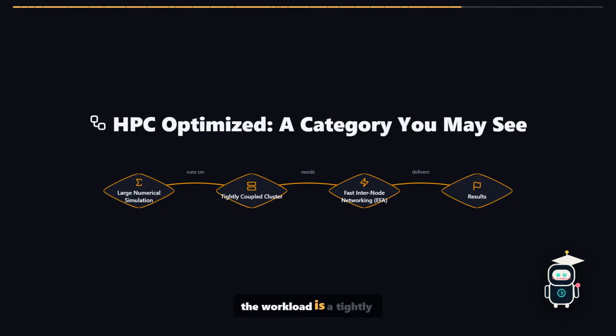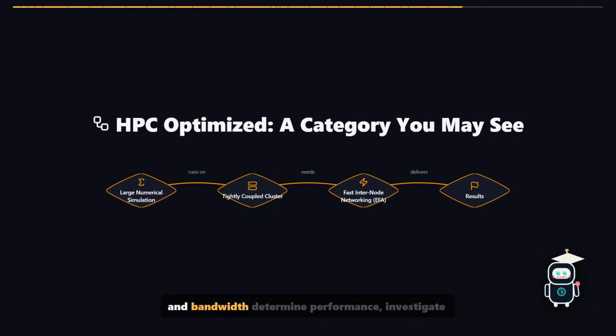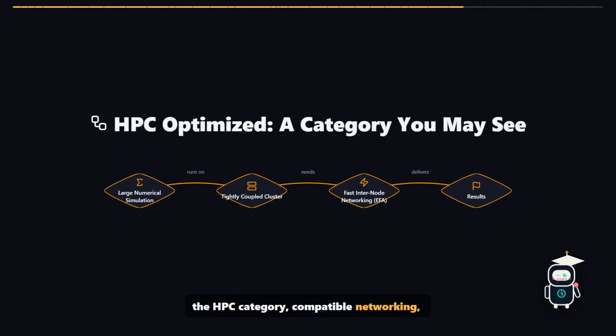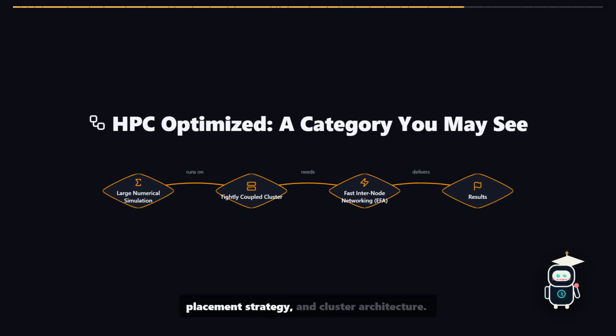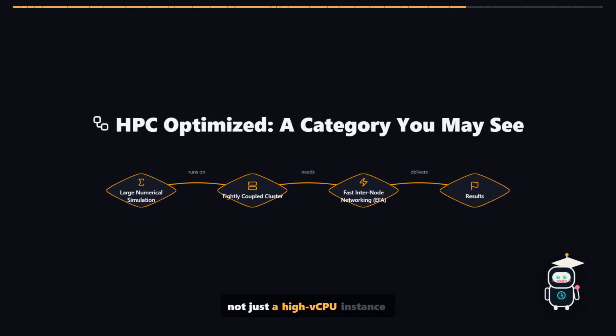If the workload is a tightly coupled cluster where internode latency and bandwidth determine performance, investigate the HPC category, compatible networking, placement strategy, and cluster architecture. HPC is a specialized design problem. It needs end-to-end benchmarking, not just a high vCPU instance type.